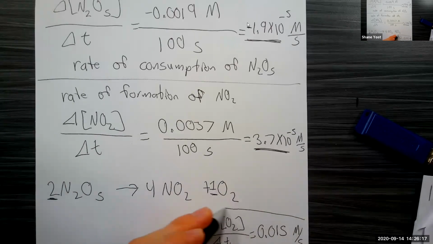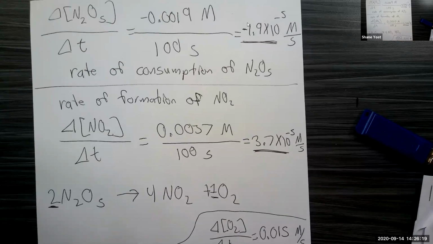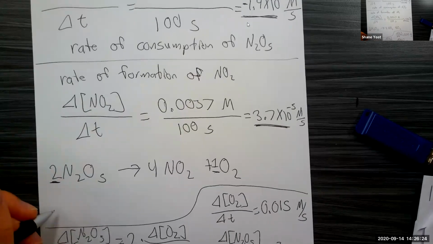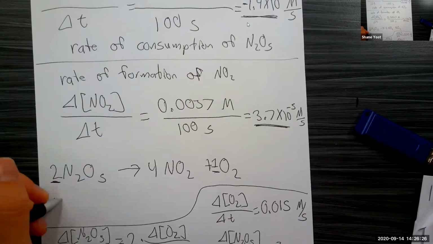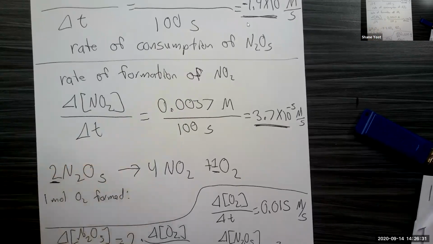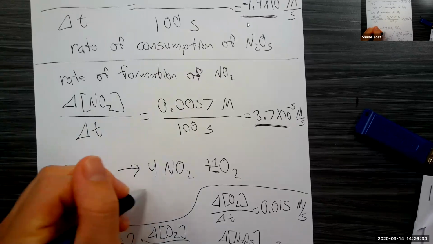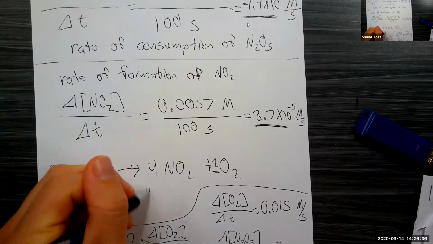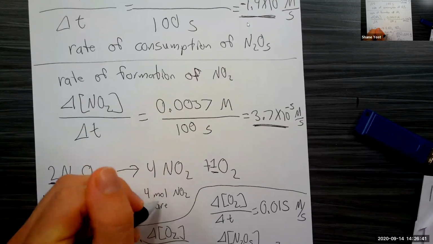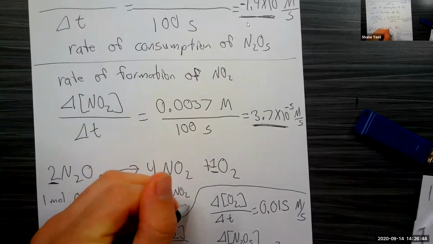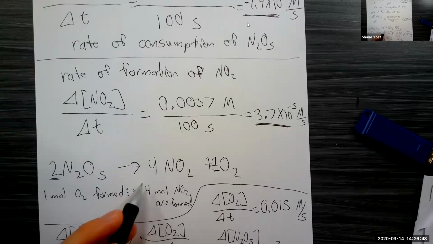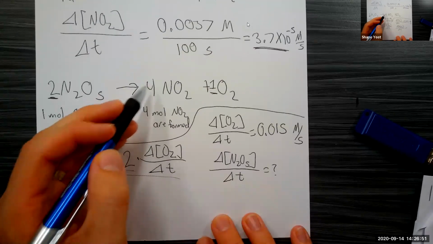This is often how I try to think of these types of problems. 1 mole of O2 formed means that 4 moles of NO2 are formed, because of my stoichiometric coefficients: if 1 mole of this is formed, 4 moles of that has to be formed.